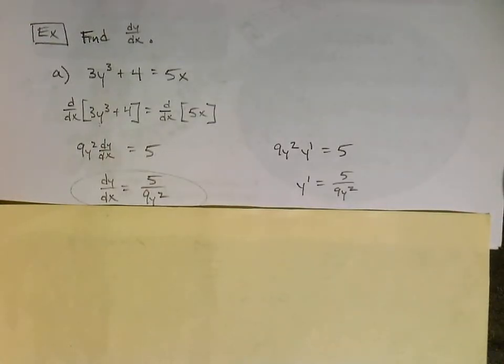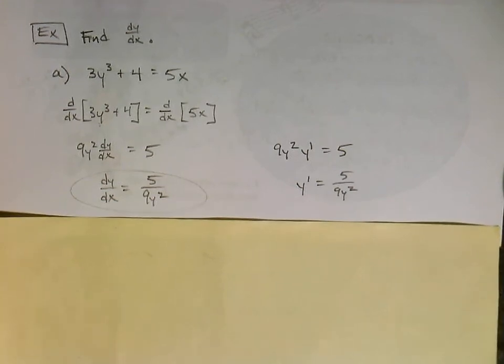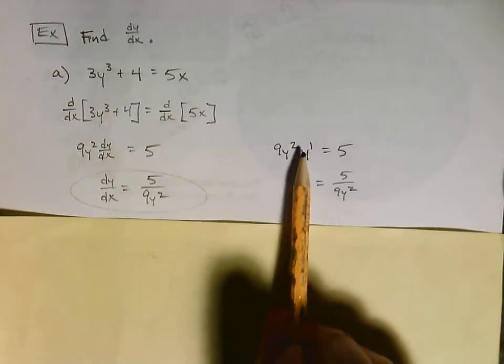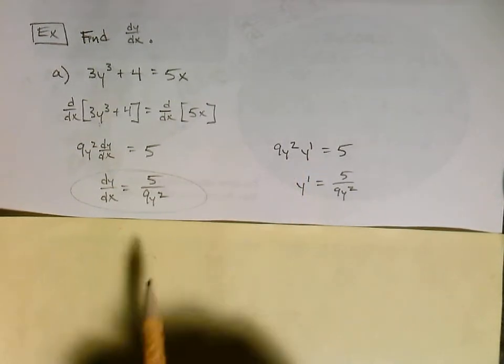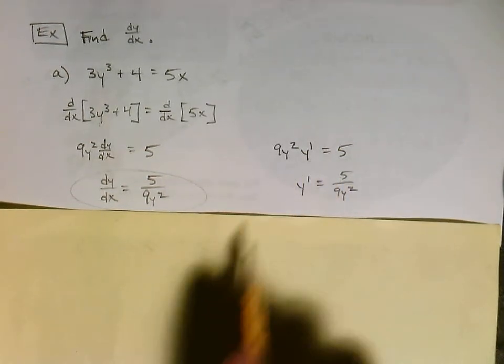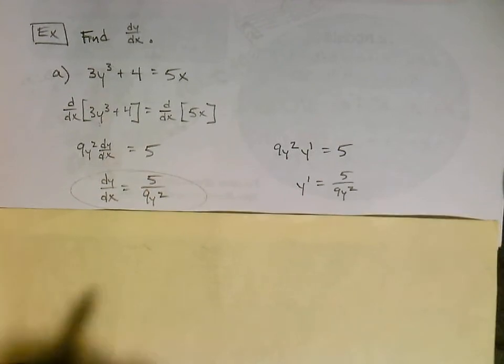But here's why you don't see textbooks present it this way, and usually instructors don't present it this way. Pretty much always we go with the dy over dx, because it's too easy to confuse y prime with y to the first if you're not careful. So you really see the dy over dx notation, although if you prefer this way and you feel comfortable with that, nothing wrong with that at all.